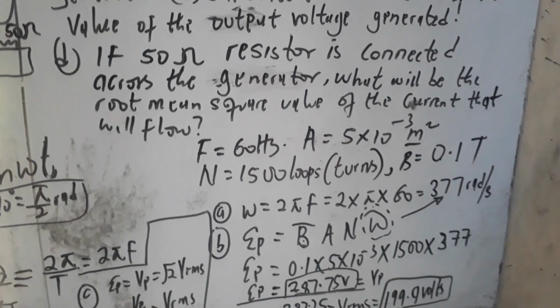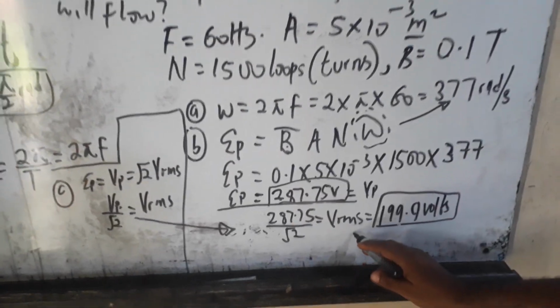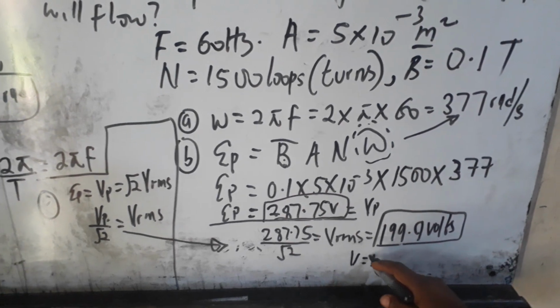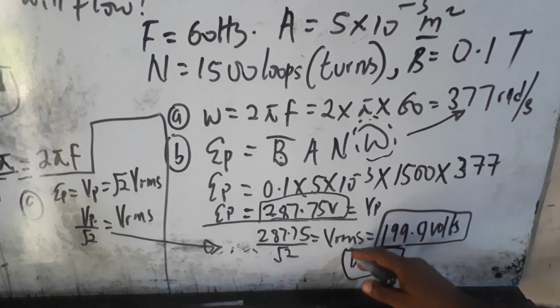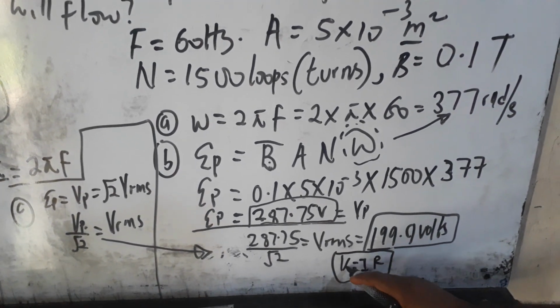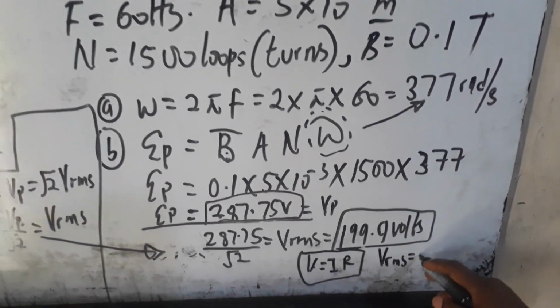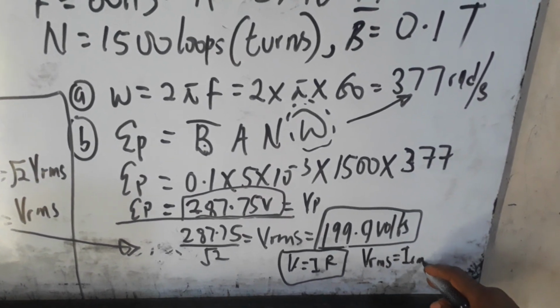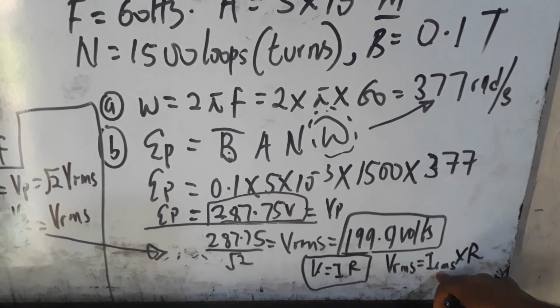So now, according to Ohm's law, we know that voltage is equal to current times resistor, but in AC circuits, we normally make use of the root mean square value of the voltage. So this voltage now becomes V root mean square value is equal to I root mean square value times the resistor in the AC circuit.